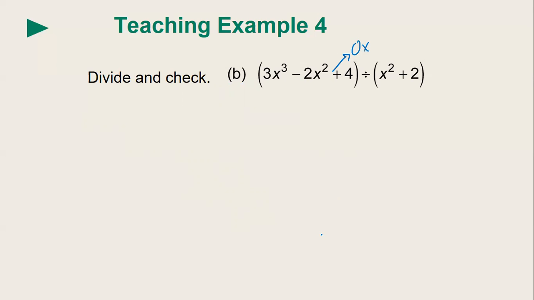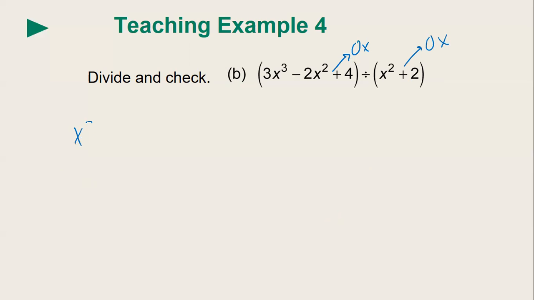Looking at my divisor, which is x squared plus 2, am I missing anything? I'm missing my x. So again, in this one, I'm going to put in 0x. So now I'm going to put everything in the house.